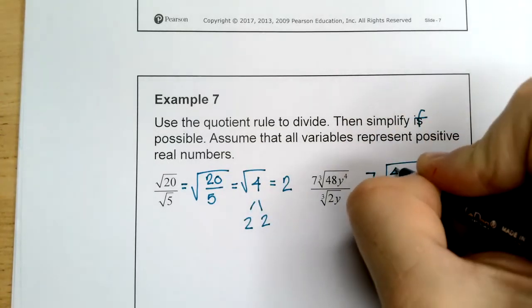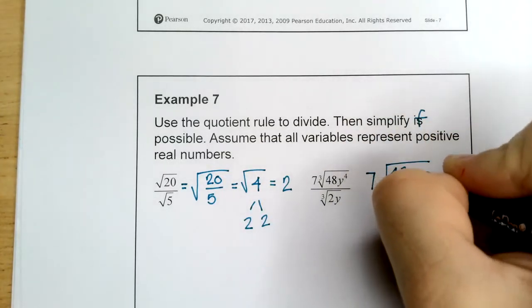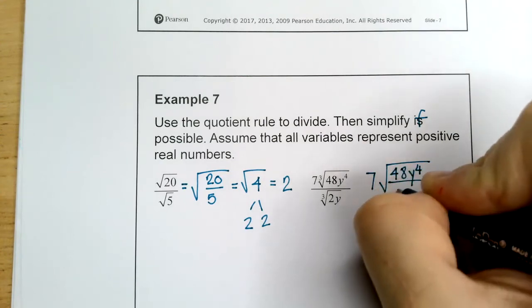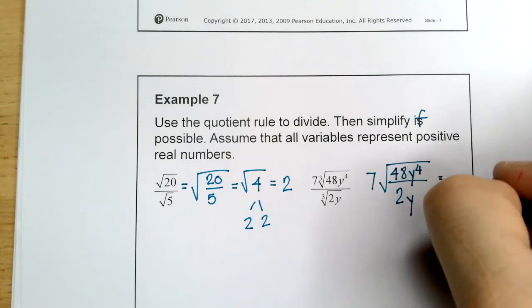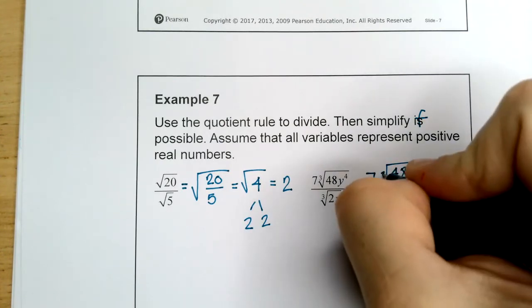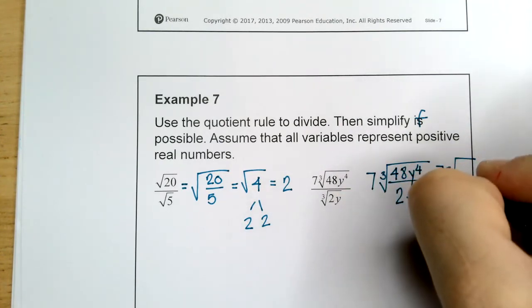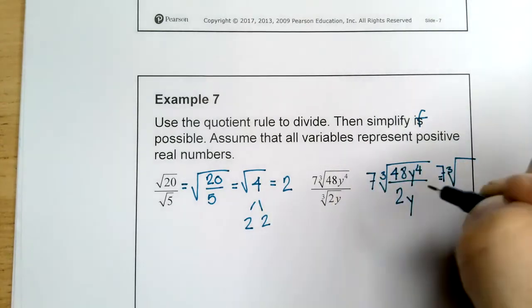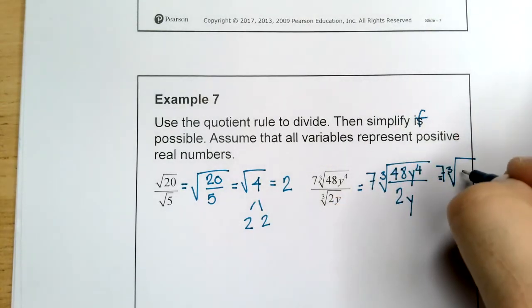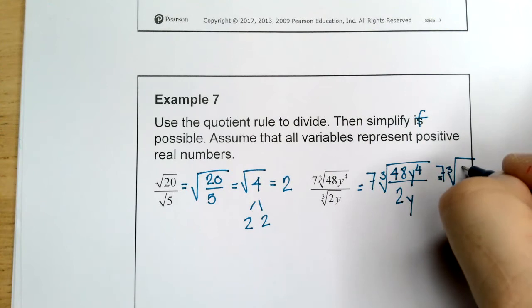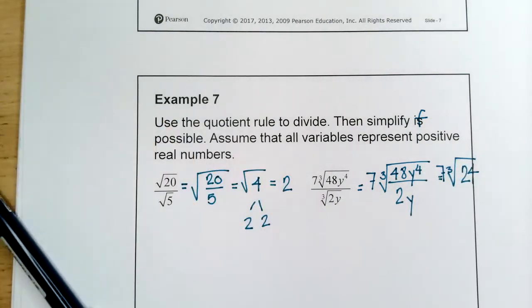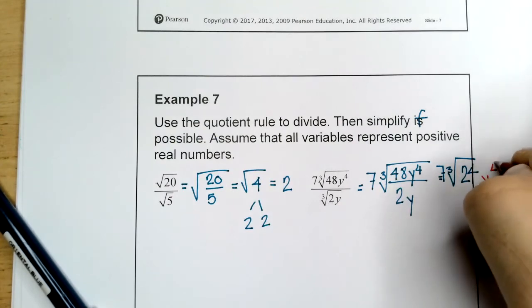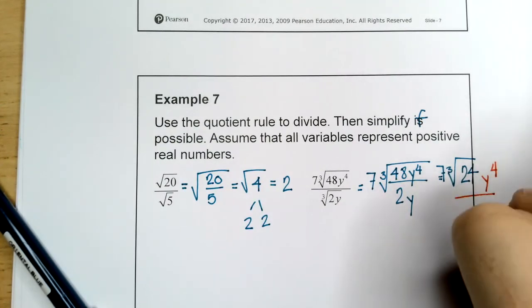So here I have 48y to the 4th over 2y. 48 divided by 2 becomes 24. Yikes, don't forget the 3. Don't forget the 7. 48 divided by 2 is 24. And then I have y to the 4th, and down here, I just have y.